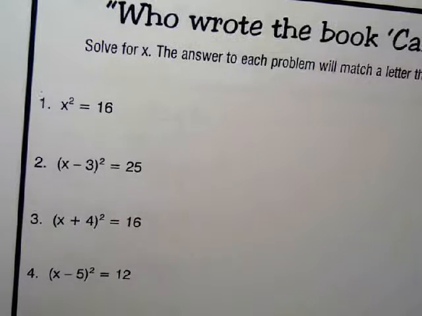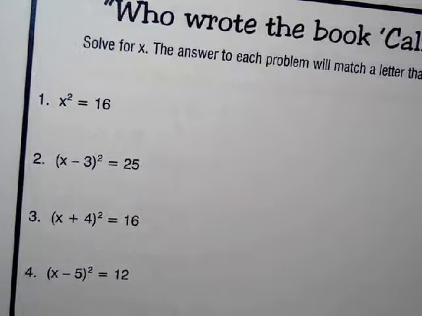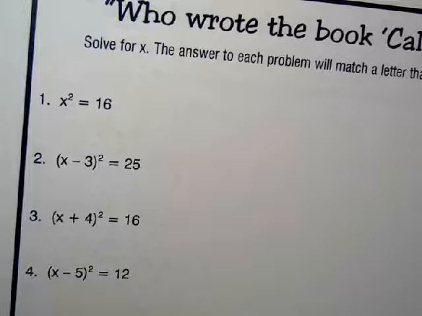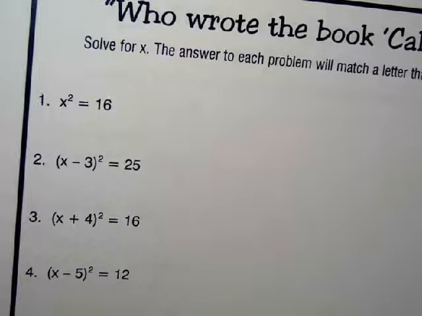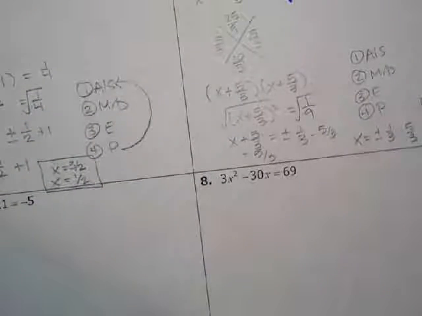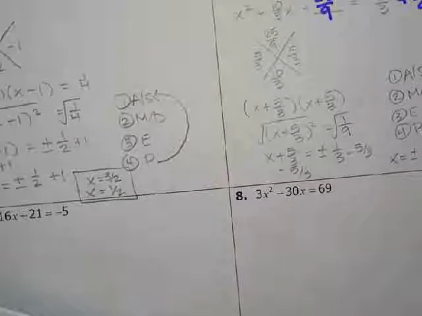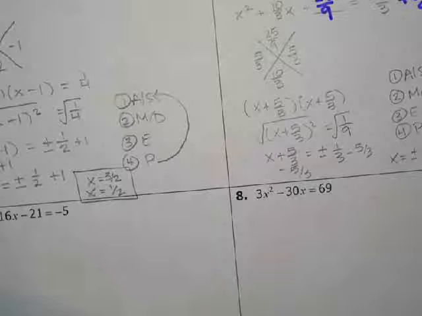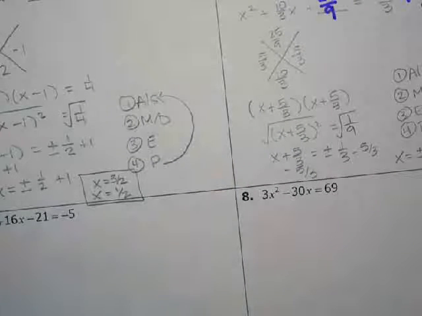Okay. So we do have a completing the square one in here. Would you guys like to do that one? I have that assignment that has a punchline, and then I've got this one, which is Gina Wilson. So what would you guys like to do?